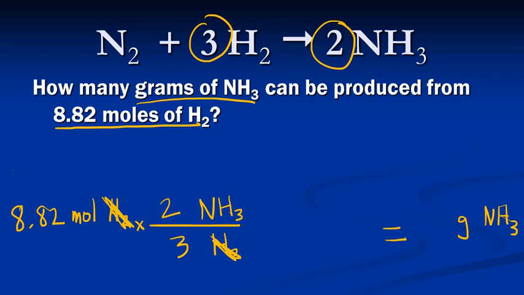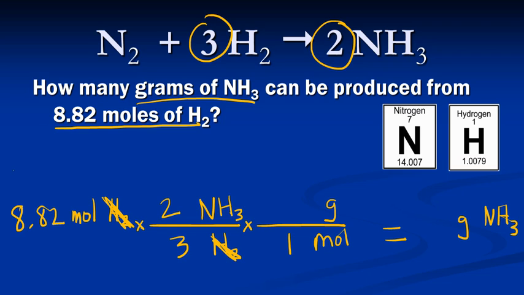Next, we have to convert to our final unit, step 3. Because we're in moles of ammonia, we want to be in grams of ammonia. So I want to do that third step, and it looks like moles need to go on the bottom, and grams need to go on the top. And how many grams are in 1 mole of ammonia? Well, we have to refer to the periodic table, and there are the periodic table squares for nitrogen and hydrogen.